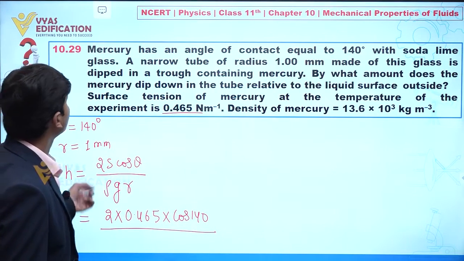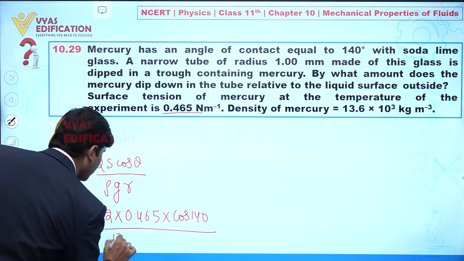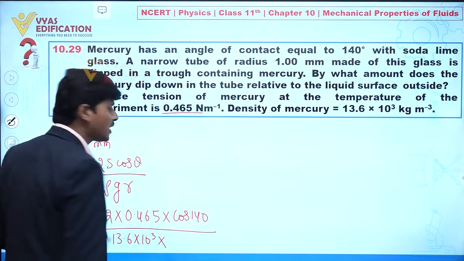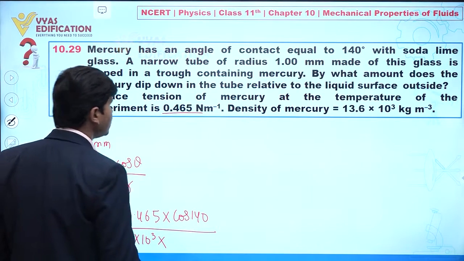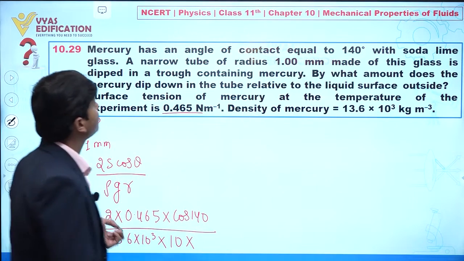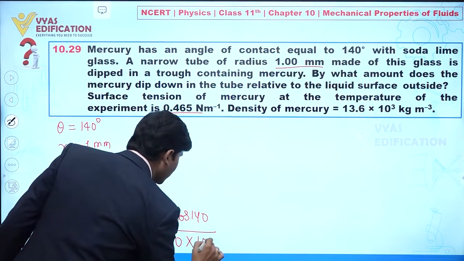Rho means density; density of mercury we have 13.6 into 10 to the power 3, multiplied by g multiply r. The g value I am taking as 10, and r is given as 1 mm, so I can write this as 10 to the power minus 3.